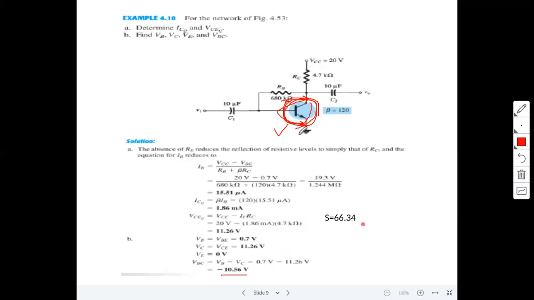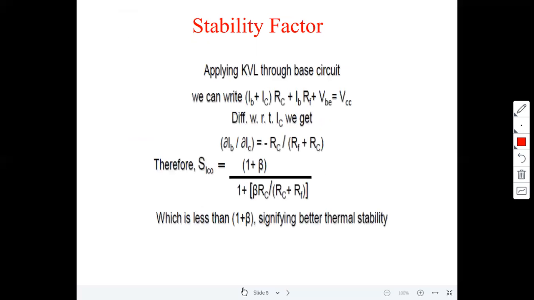Now for the same values, suppose we have to calculate the stability factor. What is the expression we already know for the stability factor? This is the expression: 1 plus beta by 1 plus beta RC by RC plus RF, or RB.